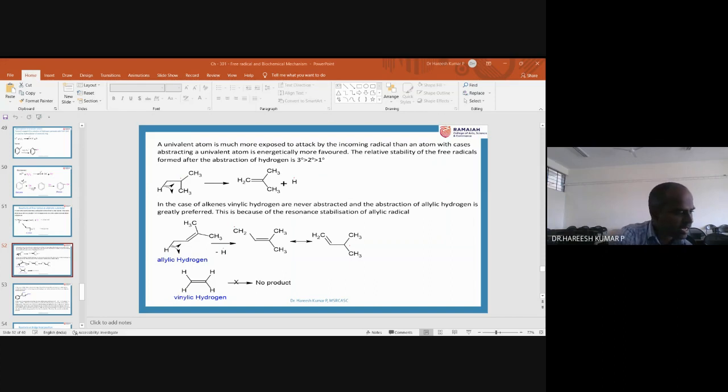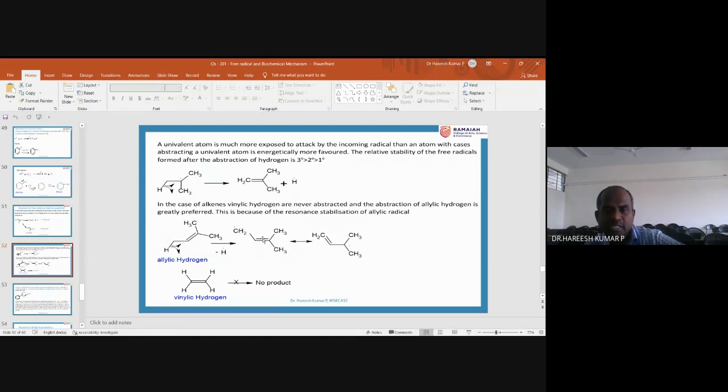So the allylic compound undergoes homolytic cleavage, giving rise to an allylic radical. Allylic compound is converted into allylic radical. Again, here the obtained allylic radical is stabilized through resonance.